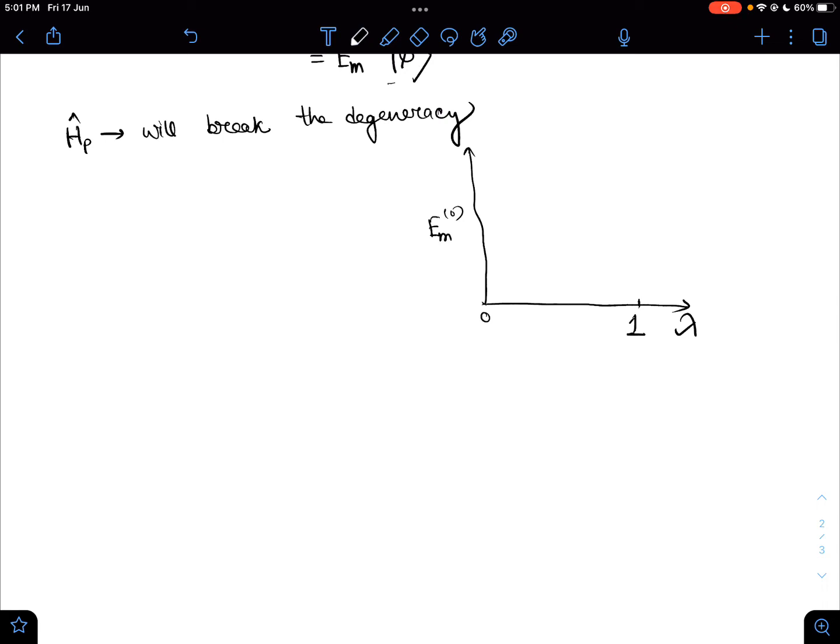For lambda equal to 0, the Hamiltonian is unperturbed and both states have the same energy value. Now as we increase lambda, the degeneracy will be lifted, and one of the states will have its energy go like this and the other state will go like this. In this way the degeneracy in the two states will be lifted as we increase the value of lambda.